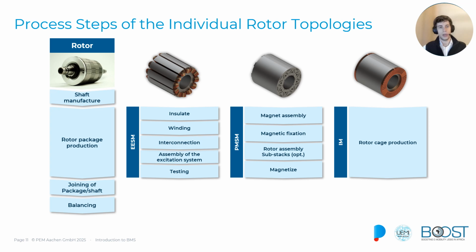With the PMSM, it is all about the permanent magnets, how they are assembled and fixed, and how we magnetize them. For the induction machine, we only see the different options to manufacture the rotor cage.